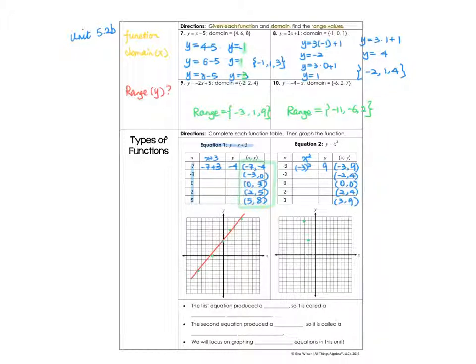I have 0, 0. I have +2 and 4. I have +3 and 9. So if I were to connect this, I have to go something like this. And then it keeps going for both equations.